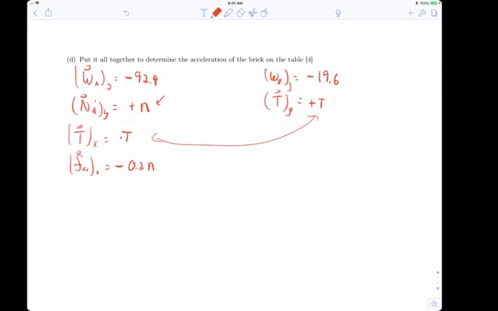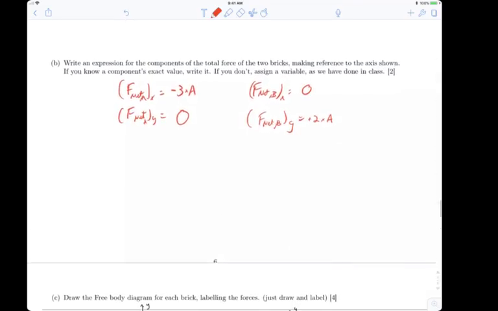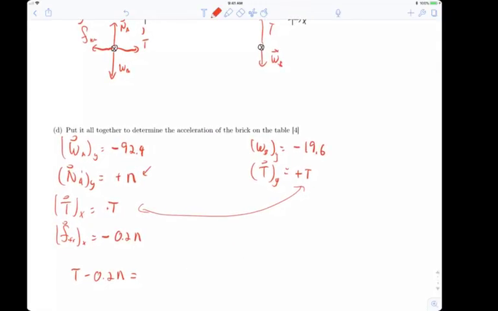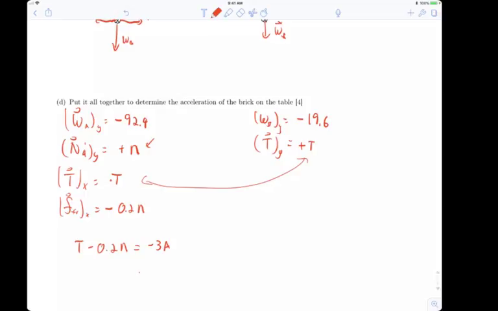Let's put all the x terms together. T minus 0.2 times n is equal to minus 3a. And the y terms, they add up to 0, so there's minus 29.4 plus little n.